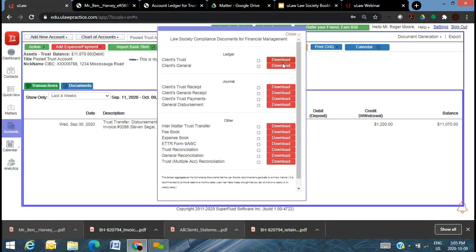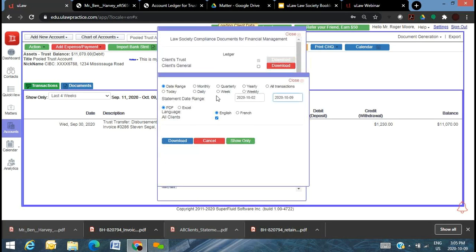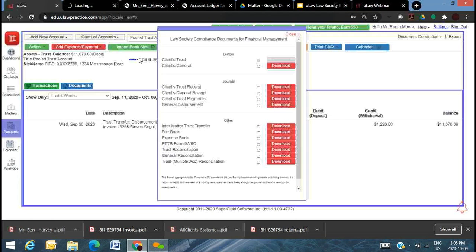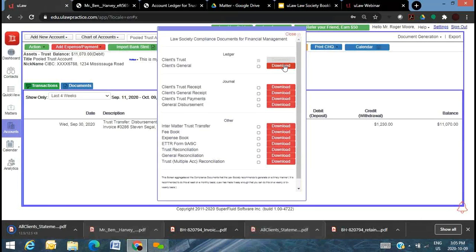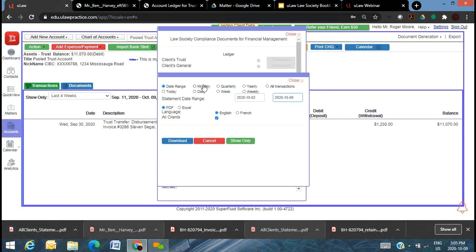If you look at the trust general ledger, here are the remaining 8 to 10 documents that we were talking about. Let me generate this for the month of October, though it's not yet completed. The general ledger for the month.